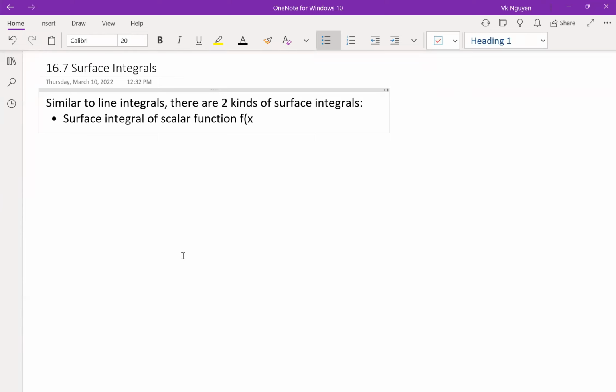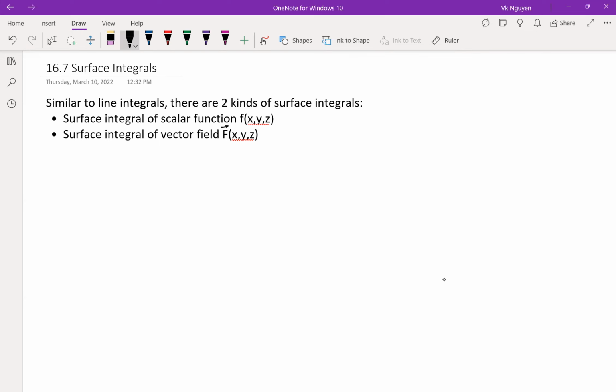So f(x, y, z), and then well, surface integral of vector field F(x, y, z). Today we're gonna focus on a surface integral of scalar function.